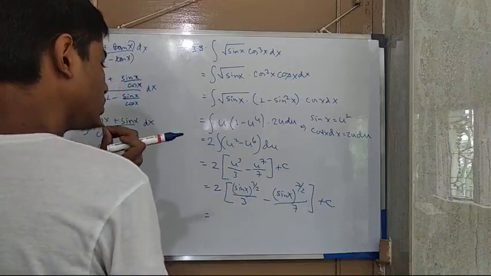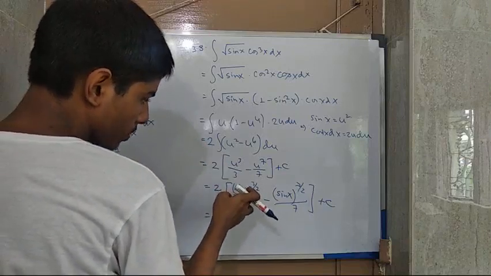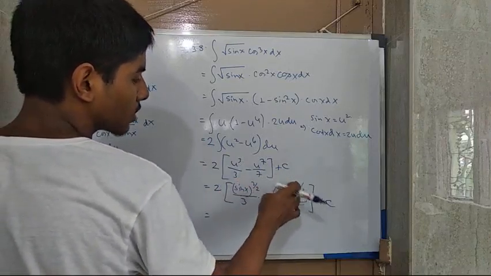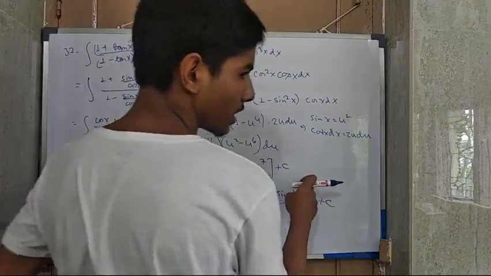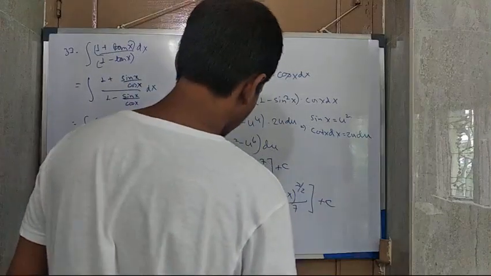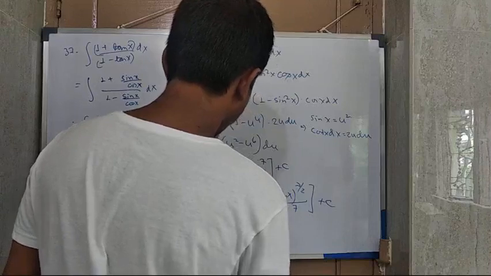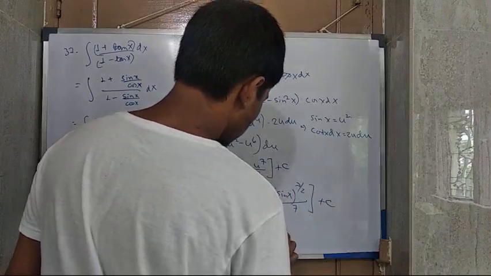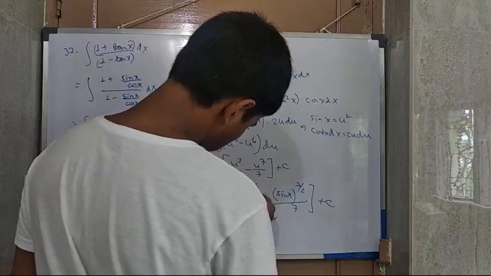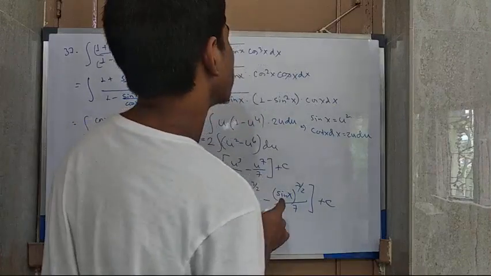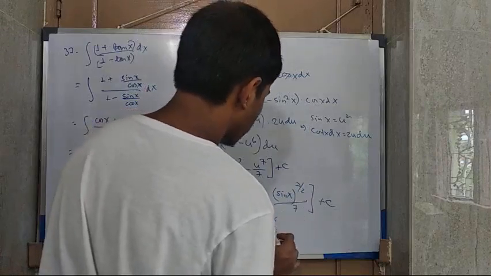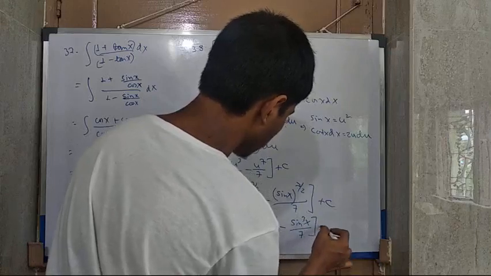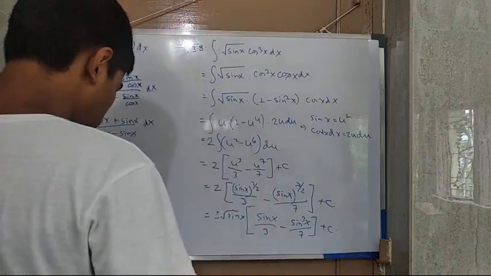This is actually sine x times root under sine x, and this is sine cube x times root under sine x. So we can just take the root sine x outside. So this gives root sine x times sine x by 3 minus sine cube x by 7 plus c. So this is our 38th question.